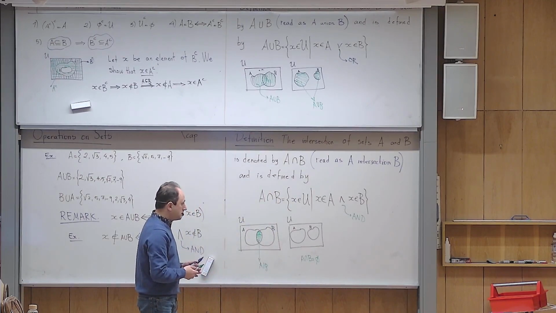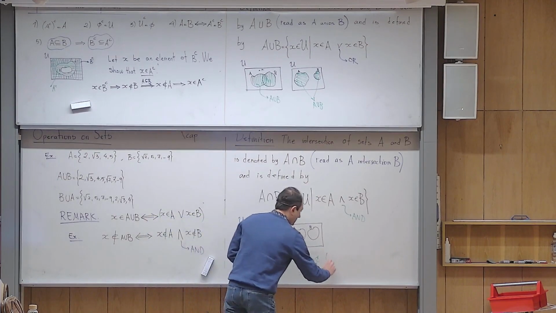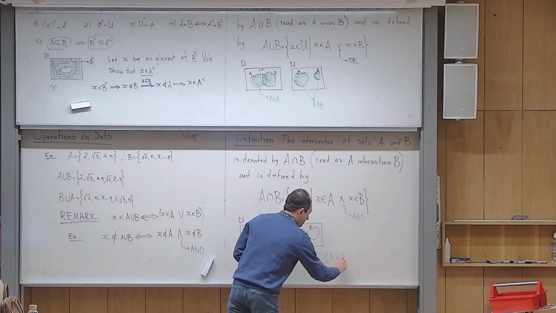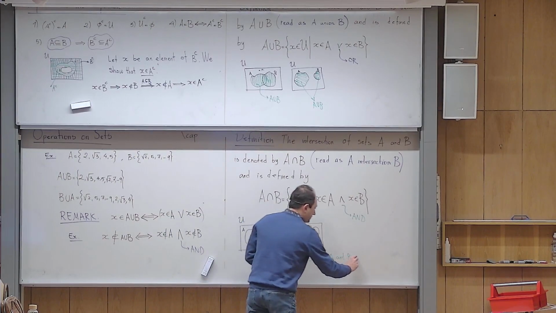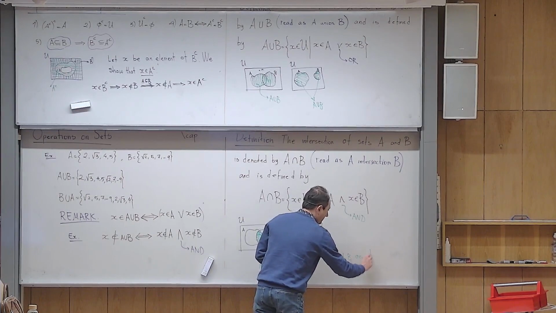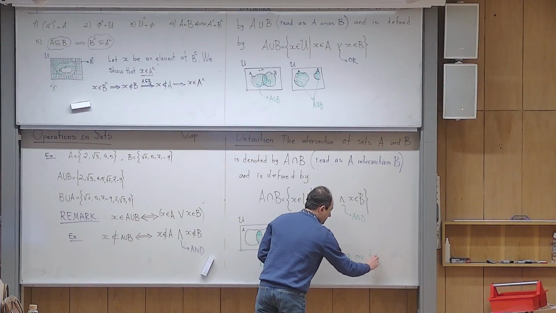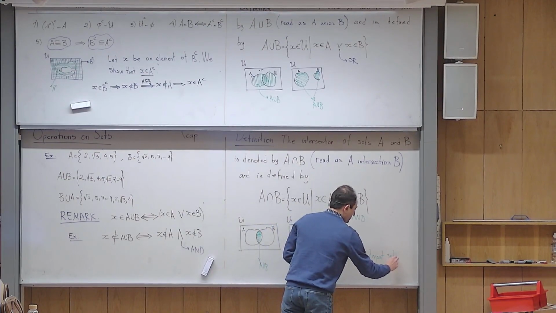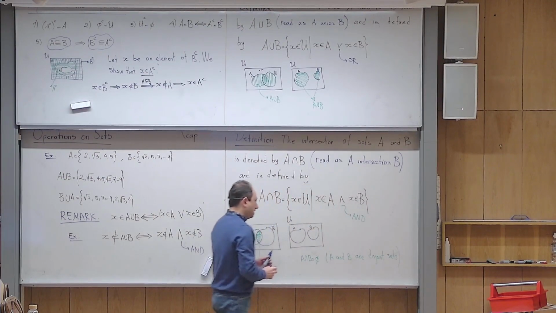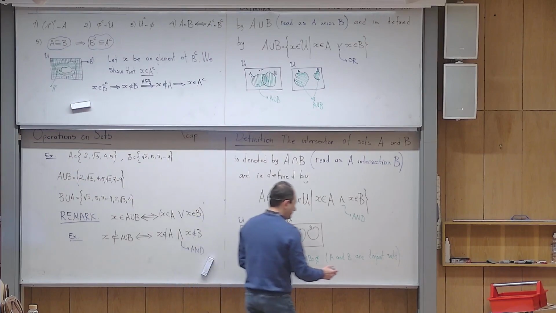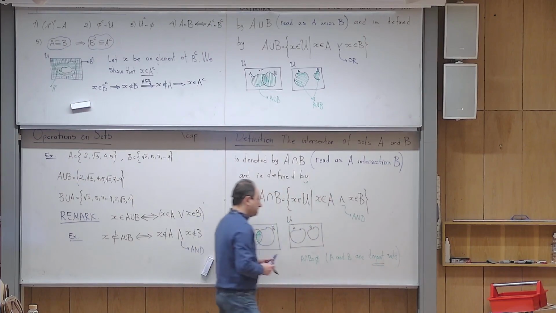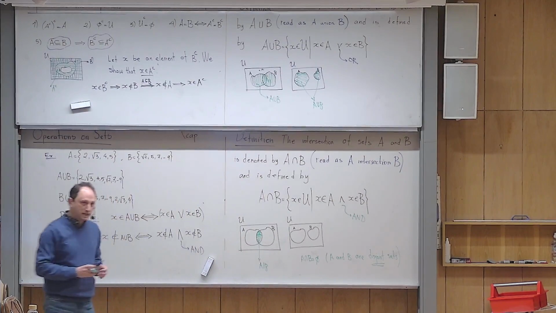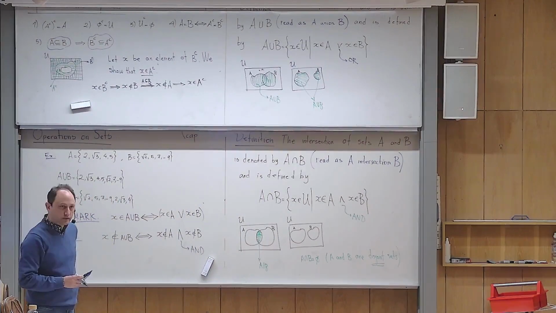If two sets have empty intersection, they are called disjoint sets. So A and B are called disjoint here. This is the terminology I want you to learn. When I say I have two disjoint sets, I mean they don't have any intersections.